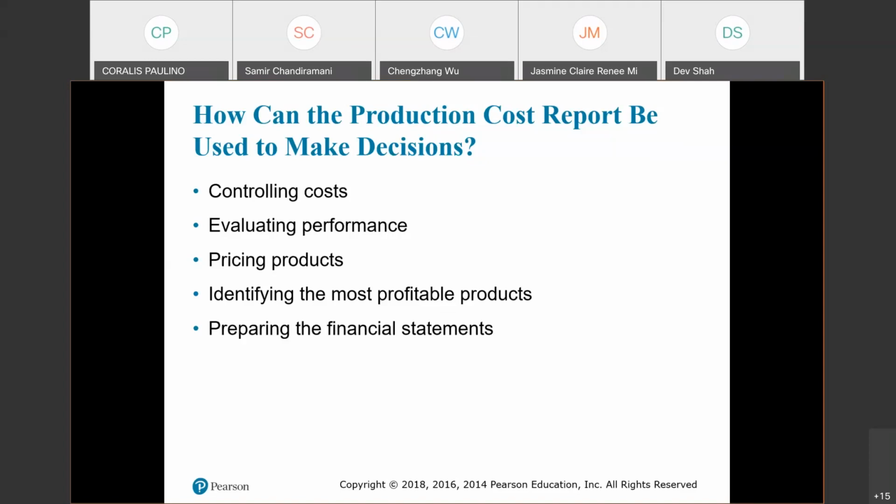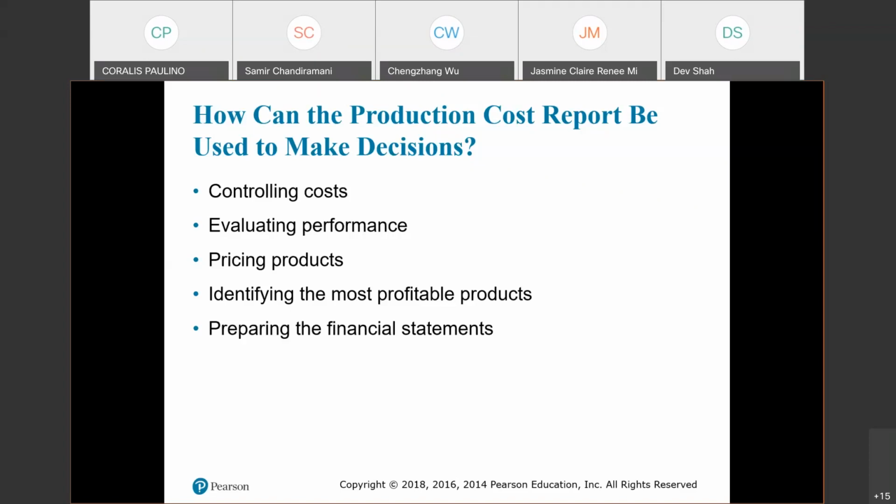The fourth goal is to identify the most profitable products. Sales price and cost data can help the managers figure out what products are more profitable. They can promote these products to help to increase the profits.